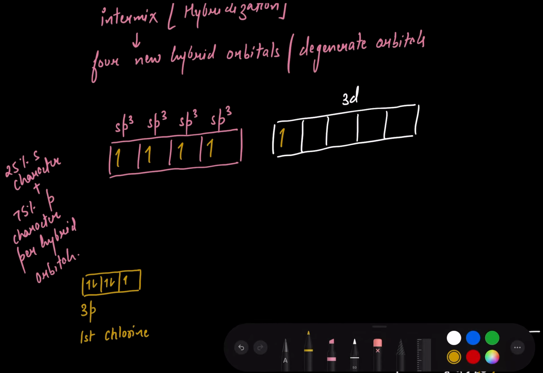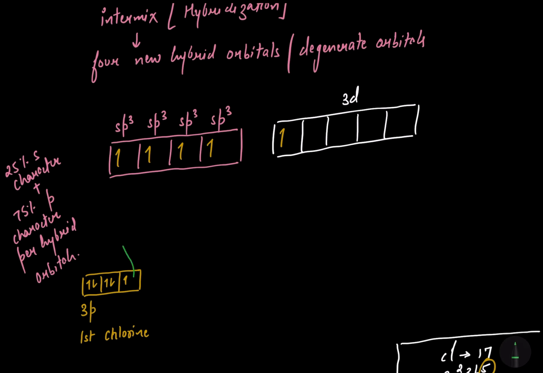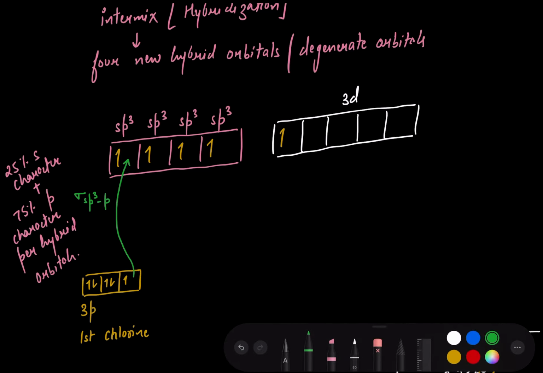So that means there is one 3p orbital which is having 1 electron in the case of chlorine, which will have the head-on overlap with the sp3 hybrid orbital of the phosphorus to form the sigma bond. So we got the first sigma bond that has been formed by the head-on overlap of the sp3 hybrid orbital of phosphorus with the p orbital of the chlorine. So we got the first sigma bond. Now let's talk about the second chlorine.